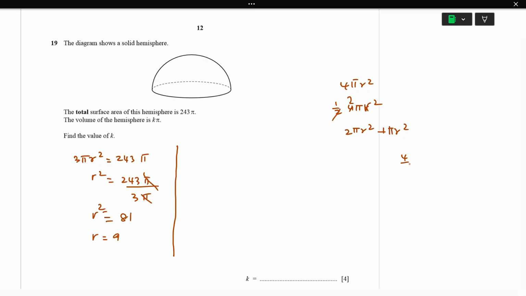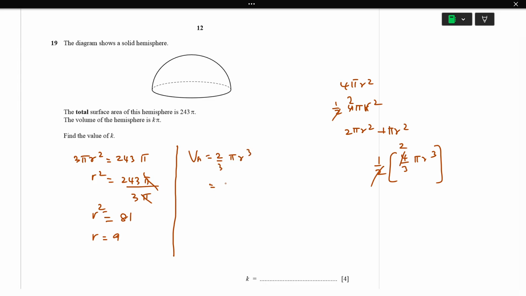Next, we need to find the volume of the hemisphere, k pi. The volume of a sphere is 4 by 3 pi r cube. Now we are working with a hemisphere, which is going to be half of this. So this cancels, and we get the volume of the hemisphere equal to 2 by 3 pi r cube.